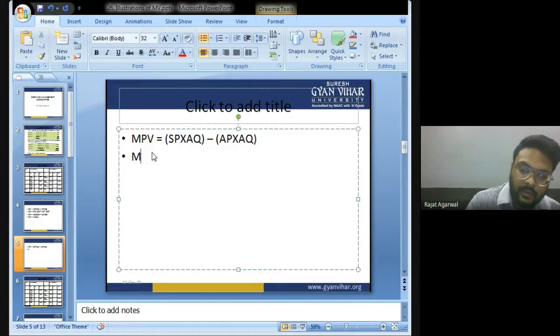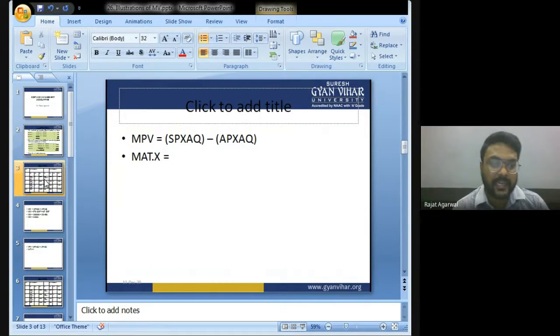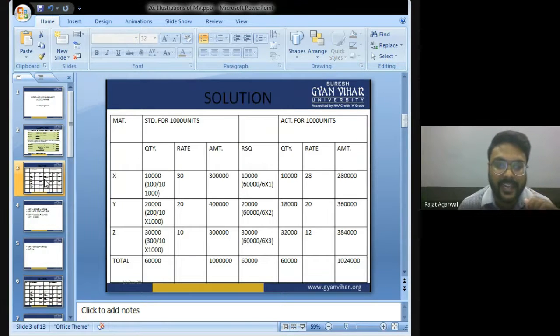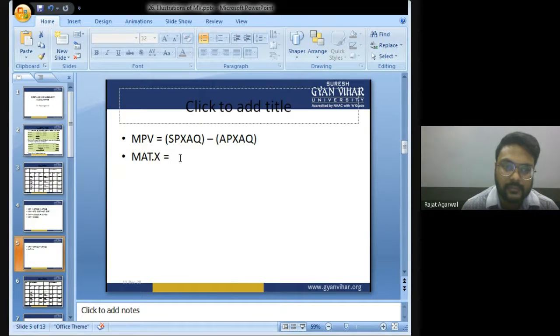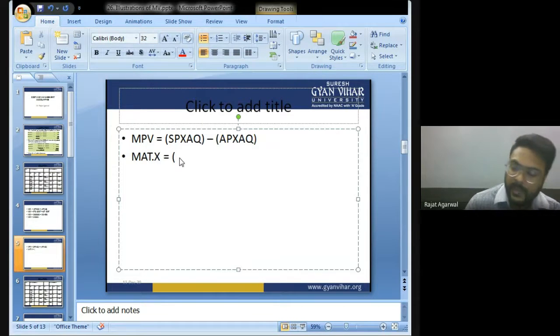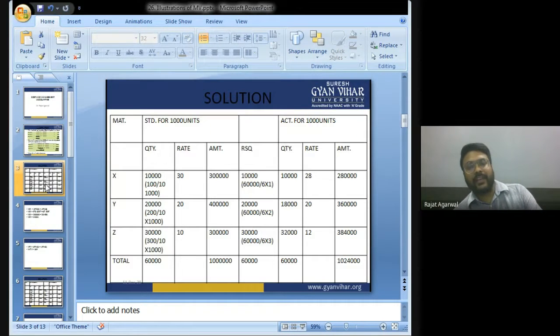Material X. Standard price of material X is 30 into actual quantity of X, which is 10,000.